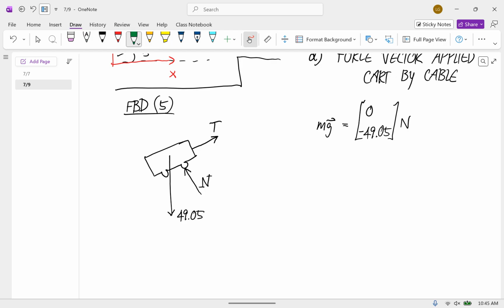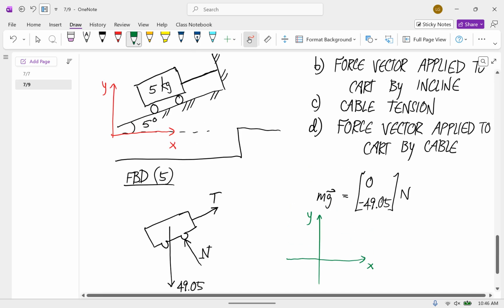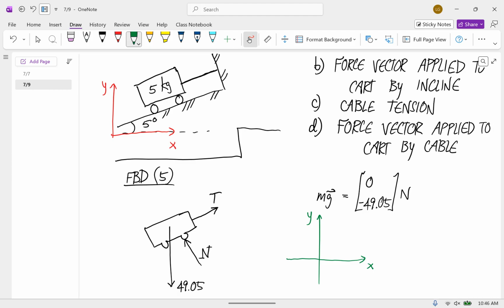I'll do them one by one, and I'm going to draw out the coordinate system. The x-axis is along the horizontal. We know that the cable force is parallel to the ramp, right? And the ramp is 5 degrees above horizontal.